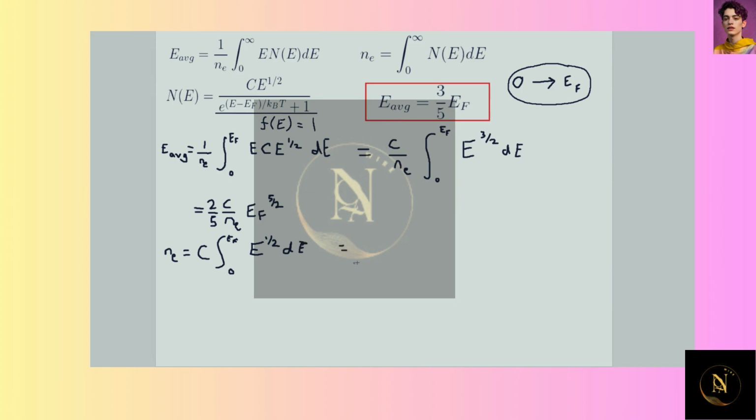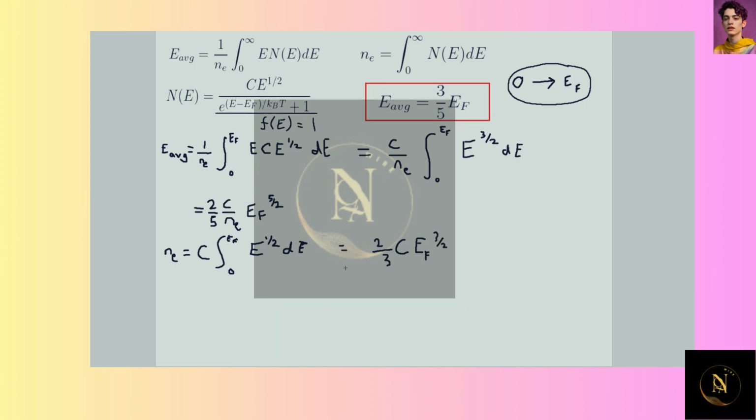Of course, we add 1 to the power and then divide by the new power. So half plus 1 is 3 over 2. Dividing that gives us 2/3 C, and we are only interested in the Fermi energy term, E_F to the 3 halves.